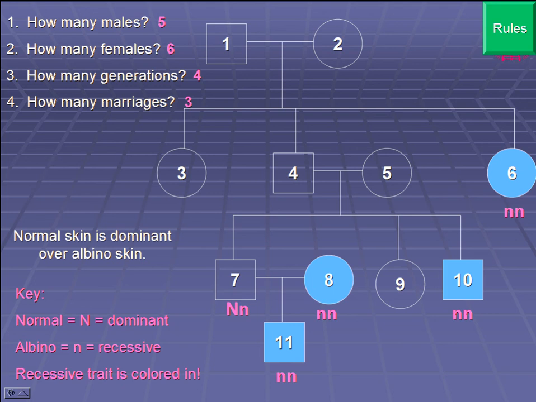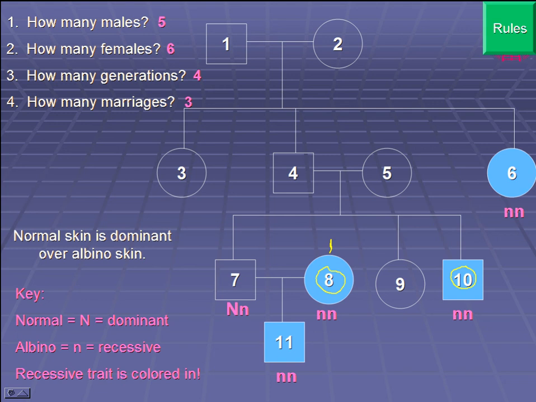Now if you come over here to number 10, you can see that number 10 is pure recessive. Now remember, number 8 isn't in this family. There's no line here. So you really can't say anything about number 8. So you can't include him when figuring out people in this pedigree. Only people below number 8 in the pedigree. This is a married in person.